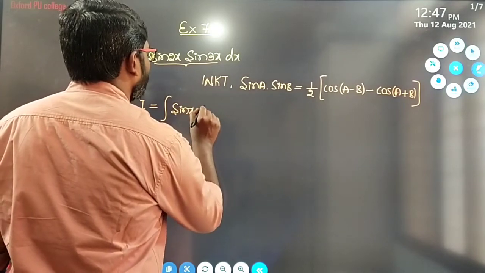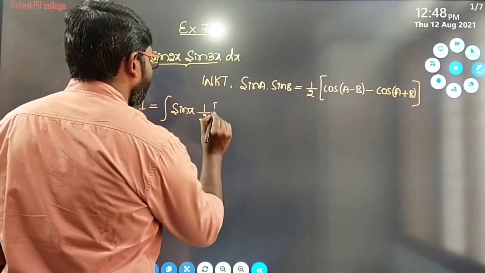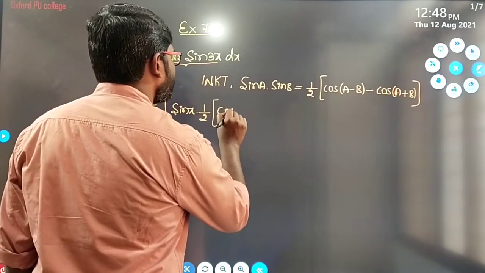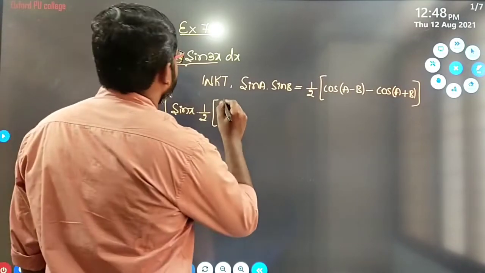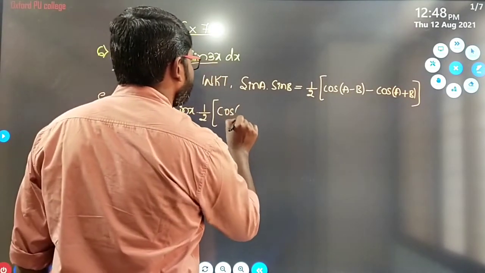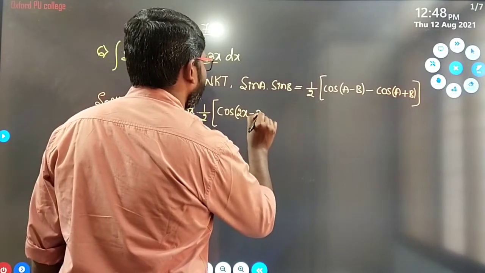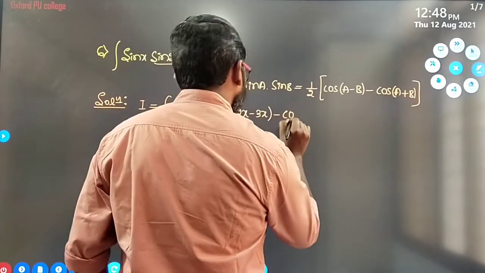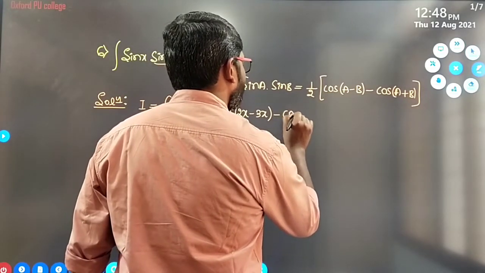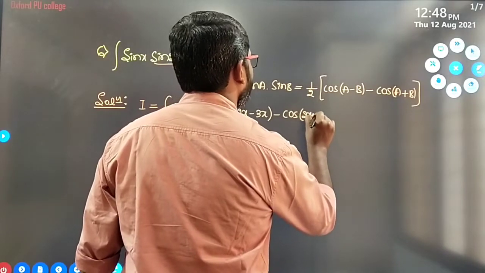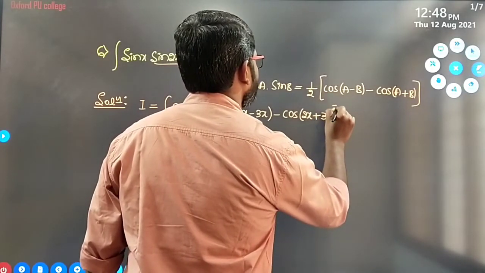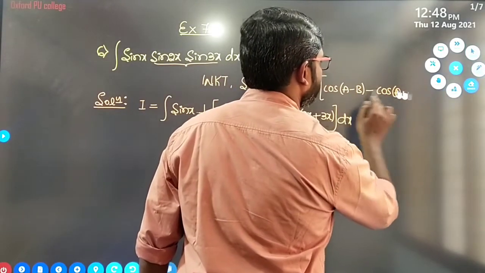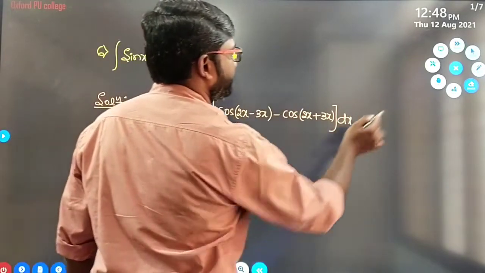So sin x into 1 by 2, then into the bracket cos of A minus B, it is 2x minus 3x, then minus cos of A plus B, it is cos of 2x plus 3x, close the bracket, write dx. So I will be erasing this.